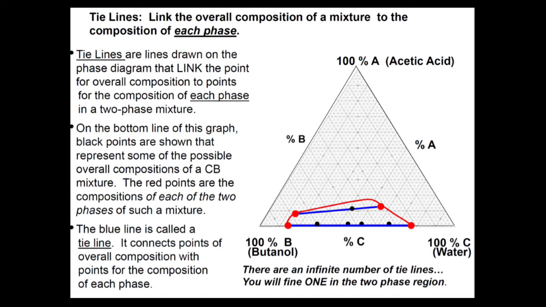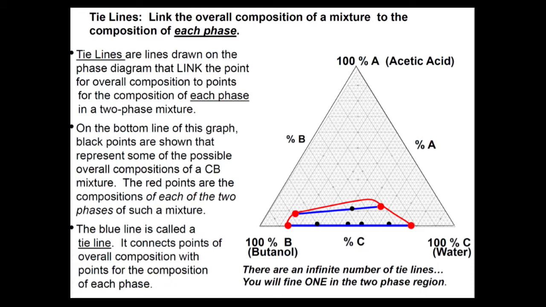So tie lines are drawn that link the point for overall composition, which would be in the middle of that line, not on the ends, to the composition of each phase. And so we already found one tie line, basically the bottom line that connects the 2 red points for the saturated solution.